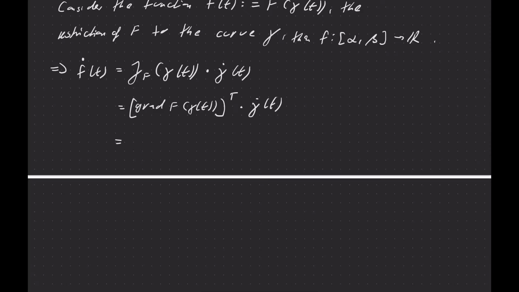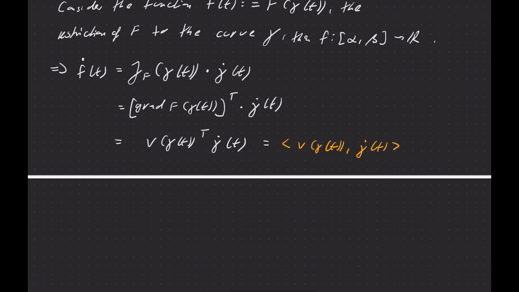So this gradient is the same as the vector field V. So we can just say, well, that is V evaluated at gamma of t, V along the curve, basically, transposed, gamma dot of t. And that in turn is the scalar product of V of gamma of t and gamma dot of t.